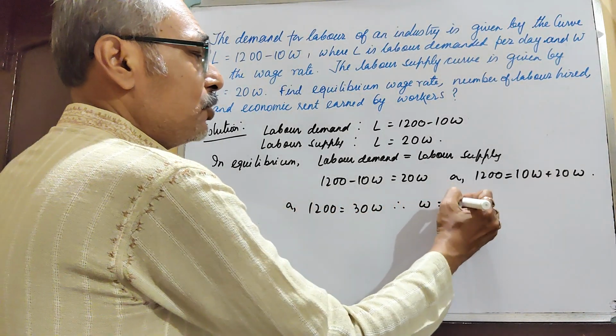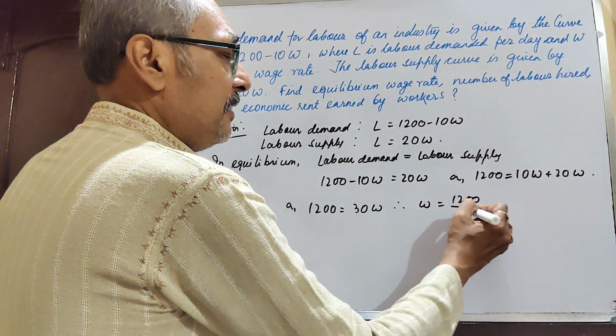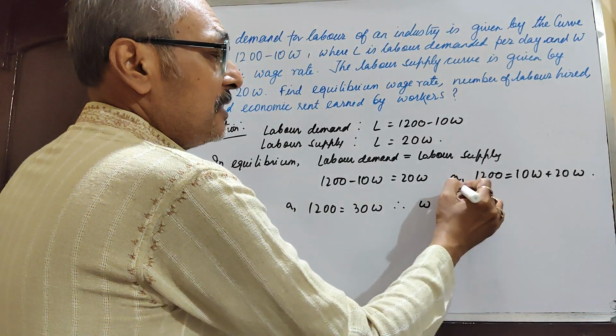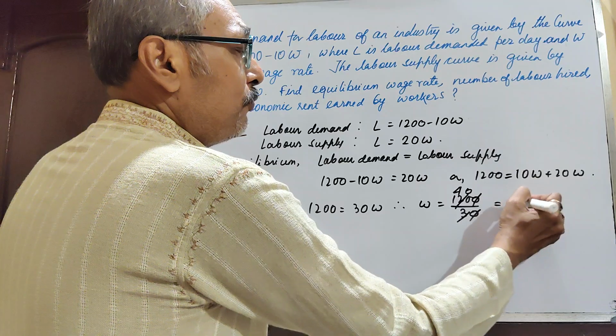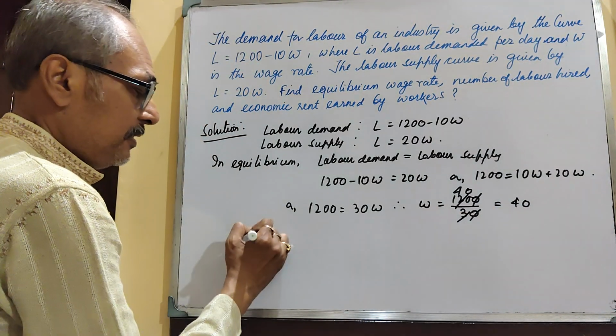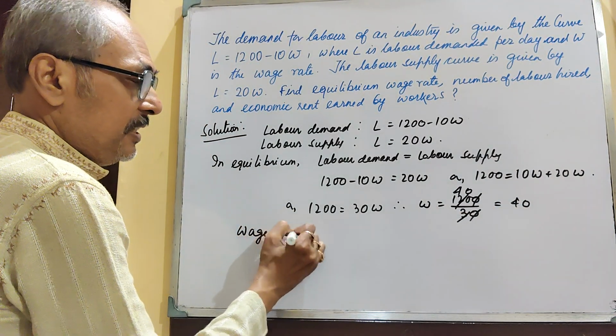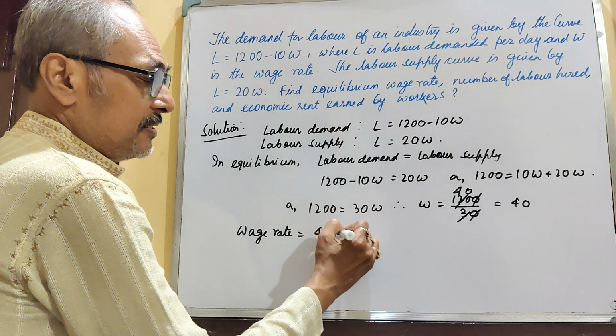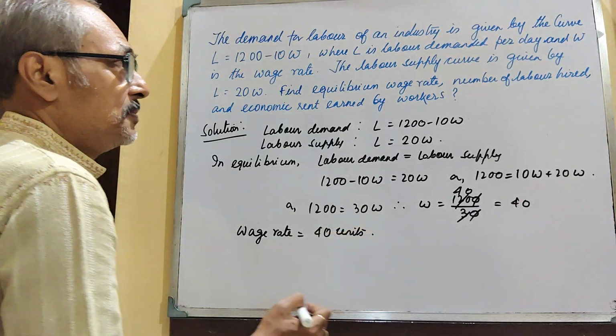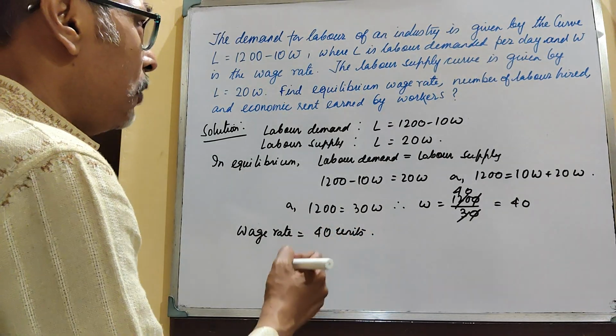Therefore, W equals 1200 by 30, which is 40. W equals 40, or wage rate equals 40 units.